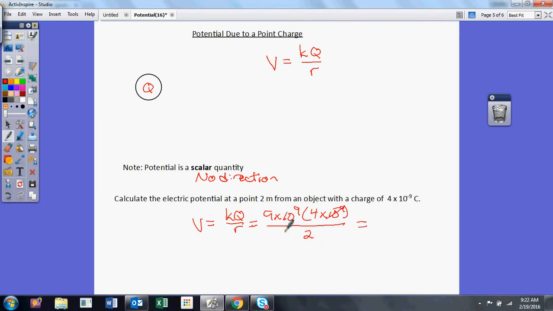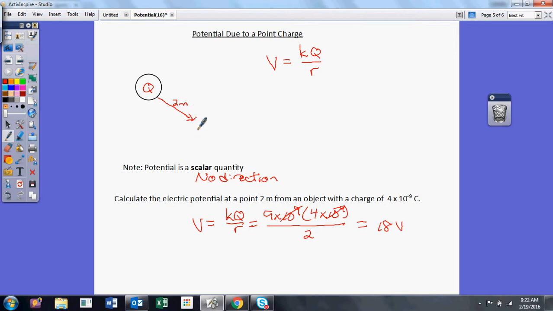So these cancel, and you can see that we have 36 over 2, which is 18 volts. So at any point 2 meters from this, I'm going to have a potential of 18 volts.